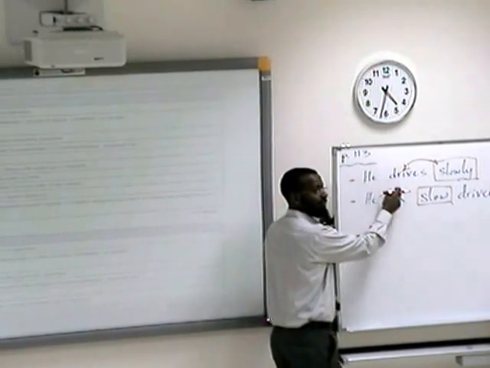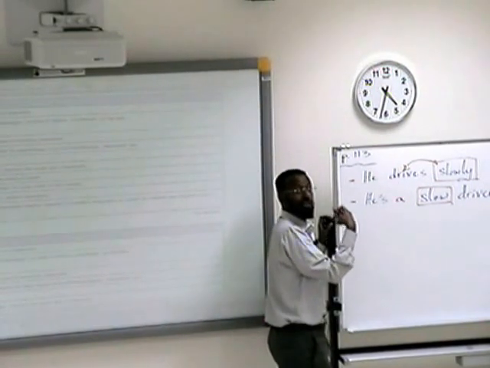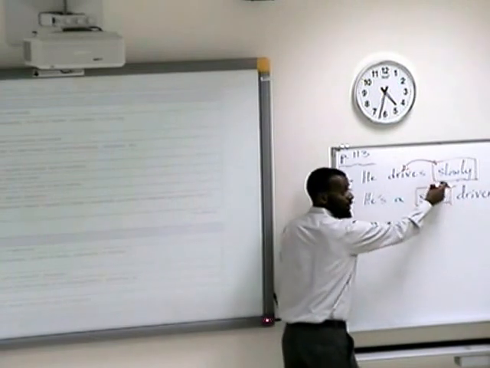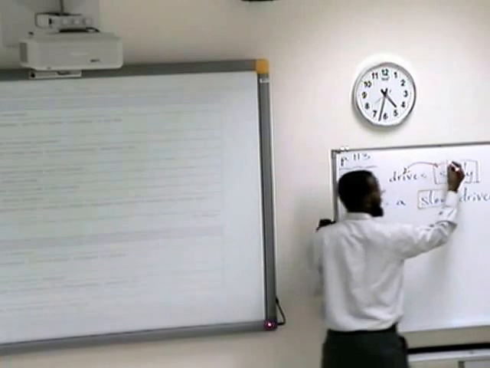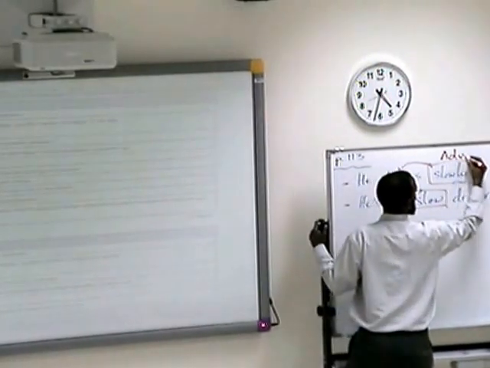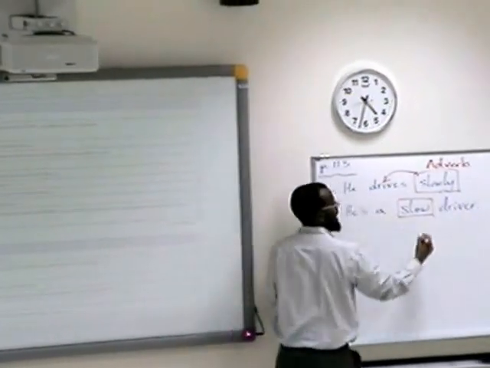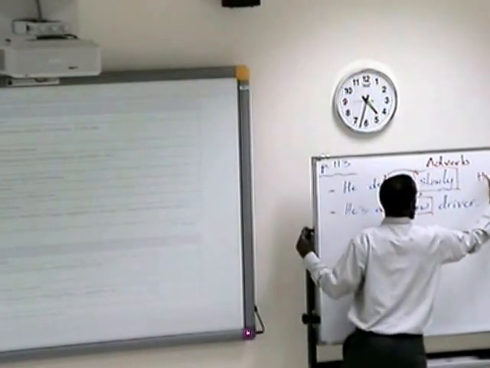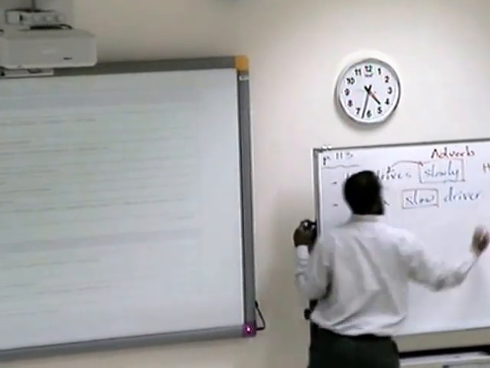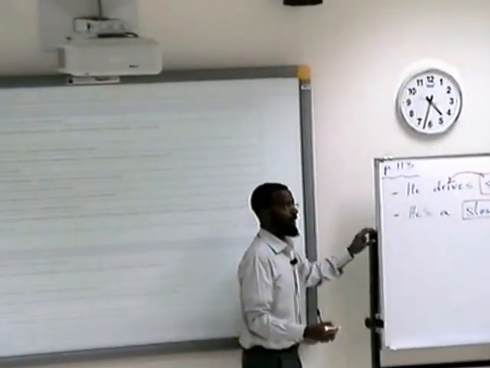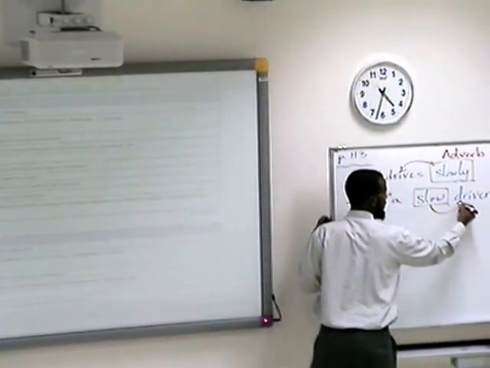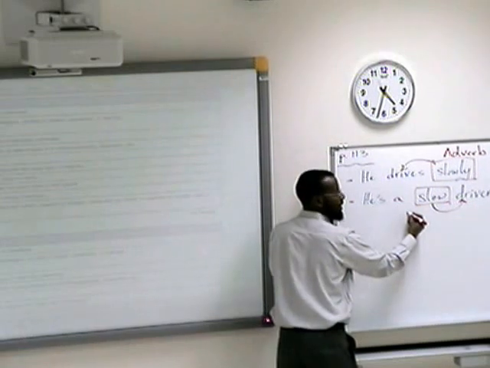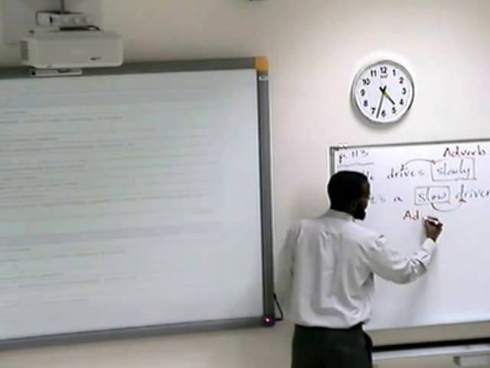How does he drive? If you could answer, say slowly, carelessly, fast, then it is what? An adverb. That's the question of how. He's a slow driver. Slow gives you information about the noun. Right? This is what? An adjective.